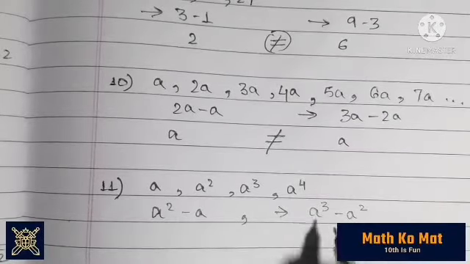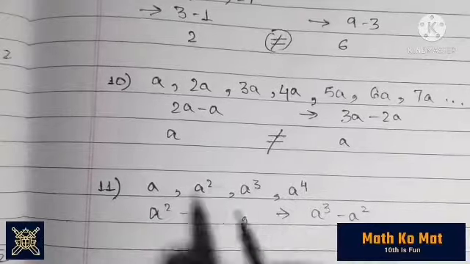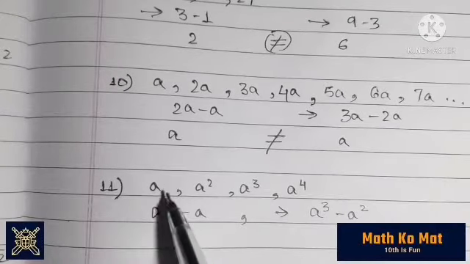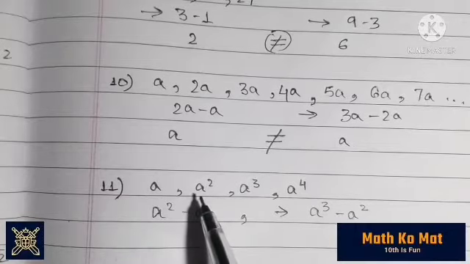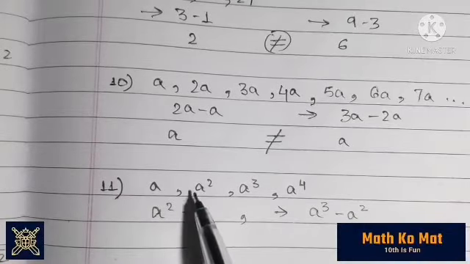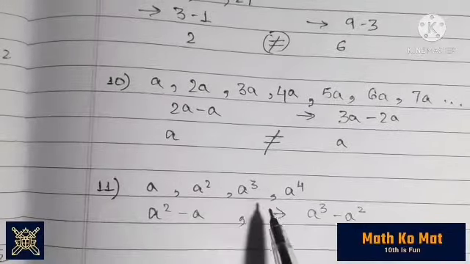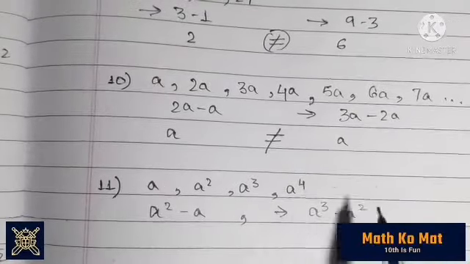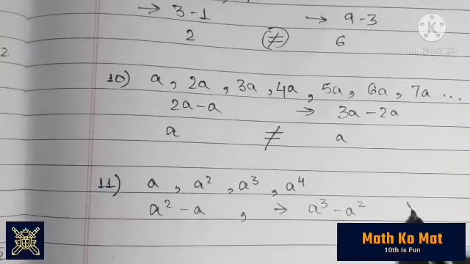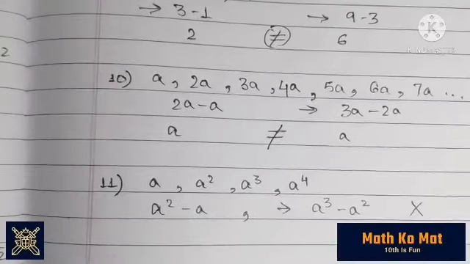If you check these values, they are not going to be equal because, as you can see, you have a multiplicative A to all the terms. When you multiply A with A, you get A square. Multiply A with A square, you get A cube. So this is a geometrical progression. This is called GP, and this is not an AP. Now let's move on to the 12th part.